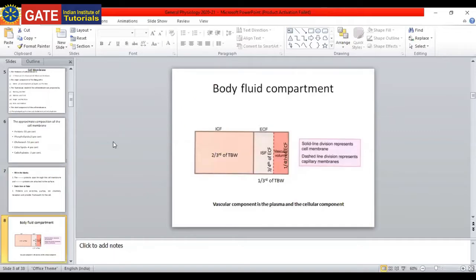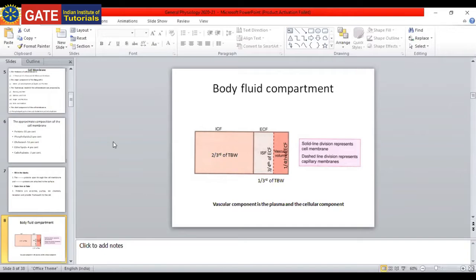Okay. Now the important component of the cell is the fluid component. The major component we know now is water, which we call the total body water. Now, when you have the membrane, we call the fluid which is inside the membrane, what do you call it?